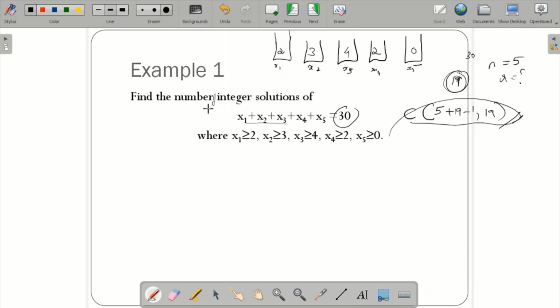So here they have given the number of integer solutions of the equation with the conditions mentioned. x1 has minimum 2, its least value is 2, and at most it can be anything out of these 19. Here also x2 can be anything out of 19, and likewise x4 and x5.